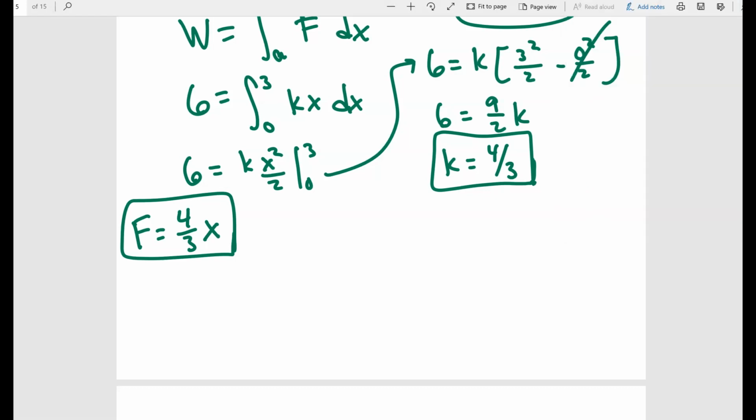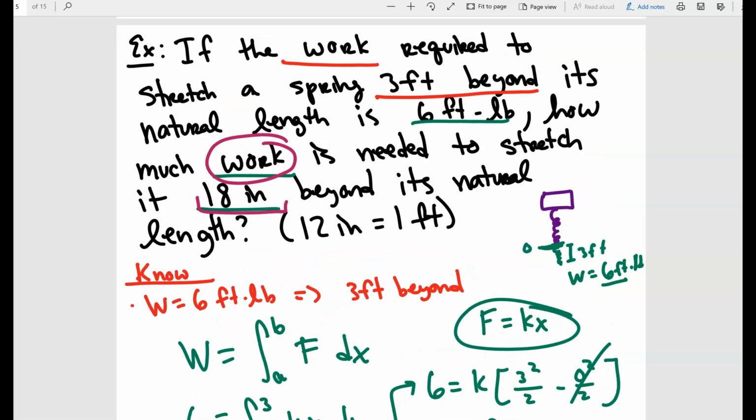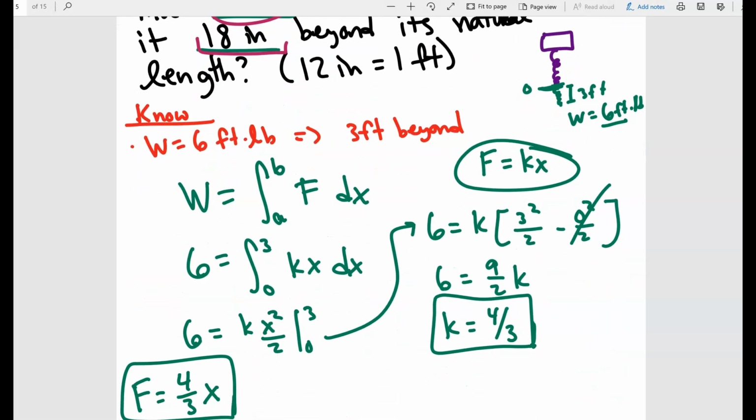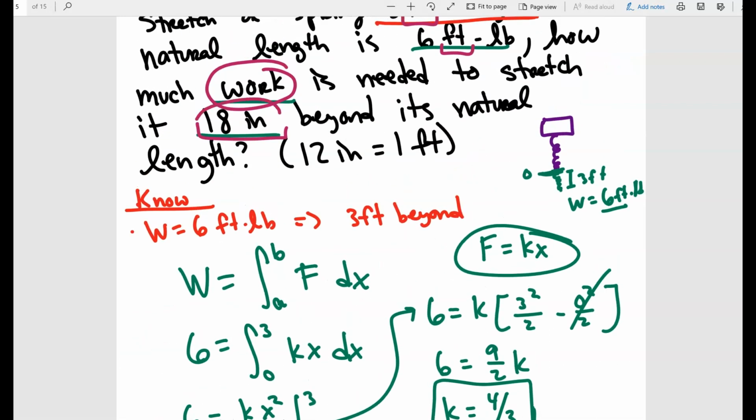What we're looking for is how much work is needed to stretch 18 inches beyond its natural length. Now notice, everything that I've been doing has been in feet. This k was based on me calculating everything in feet. 18 is not in feet, so I've got to convert it.